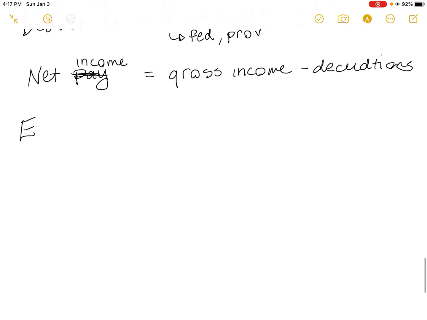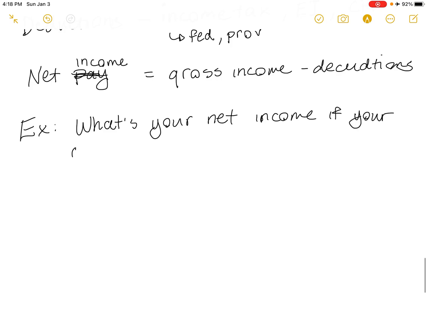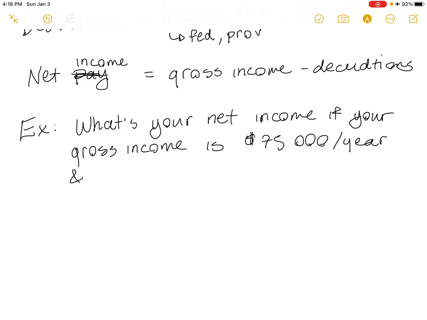Okay, so let's say, for example, the question is, what's your net income if your gross income is $75,000 per year and the following deductions are taken off.